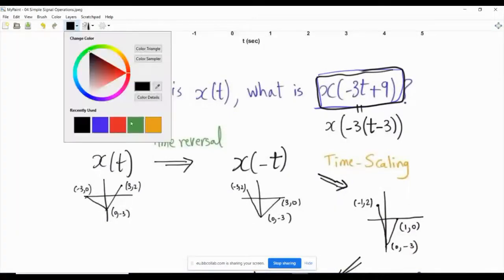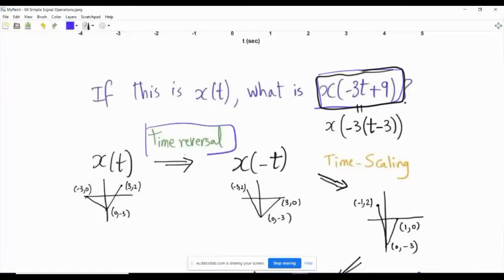The first simple operation is the so-called time reversal. You can call it mirroring or reflection, whatever you want. You take x of t and convert it into x of minus t. What happens is that you reflect your signal about the vertical axis.